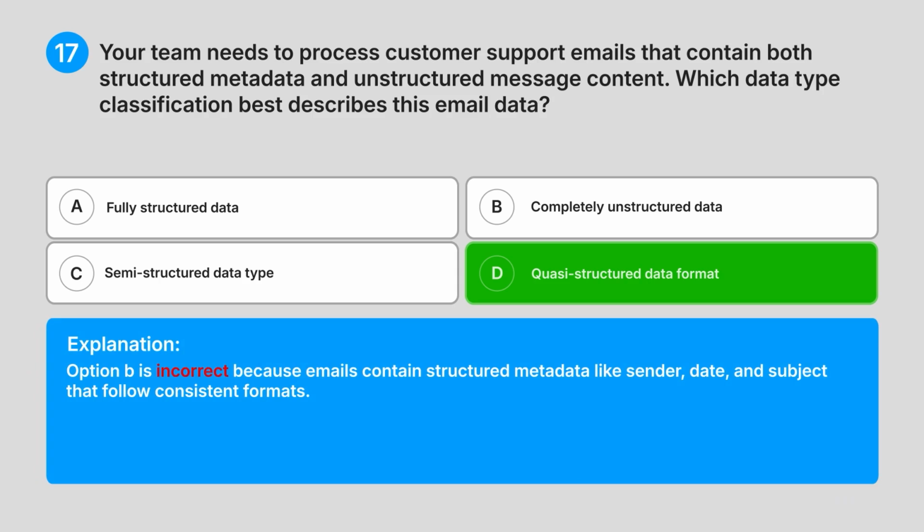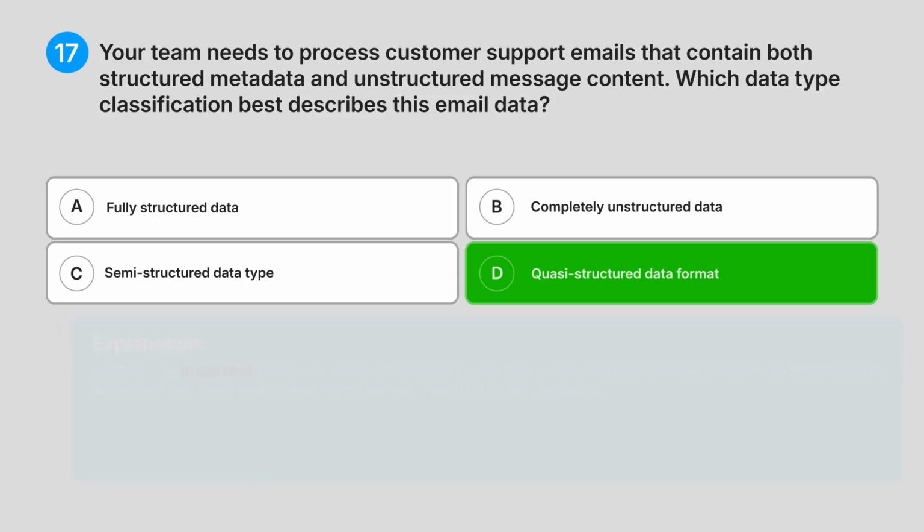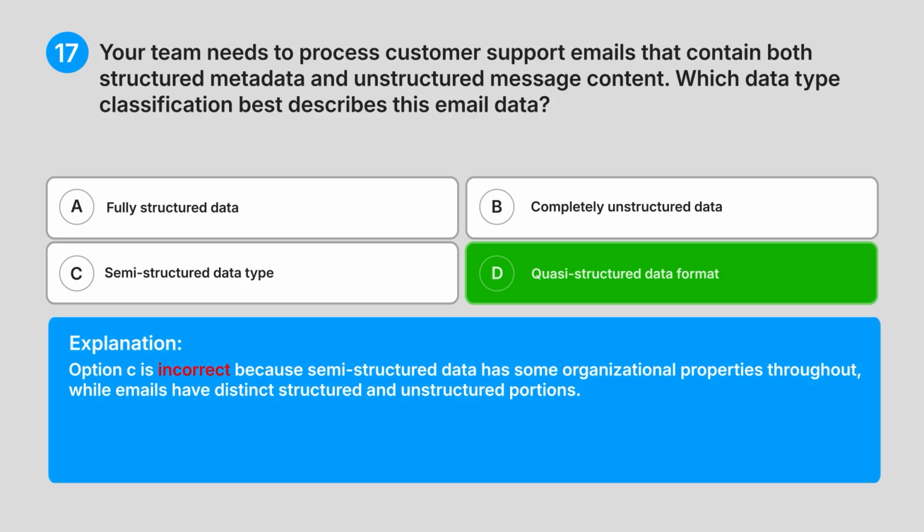Option B is incorrect because emails contain structured metadata like sender, date, and subject that follow consistent formats. Option C is incorrect because semi-structured data has some organizational properties throughout, while emails have distinct structured and unstructured portions.